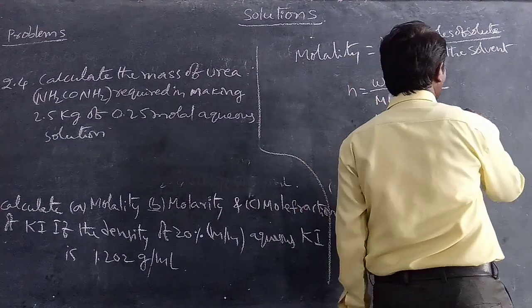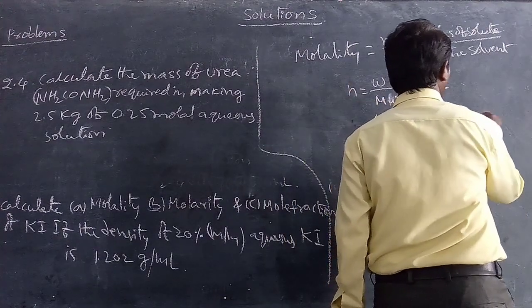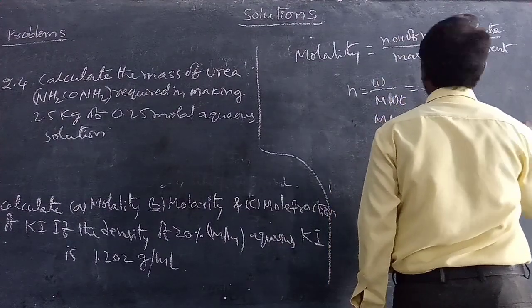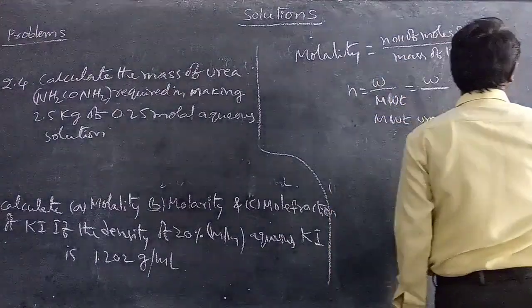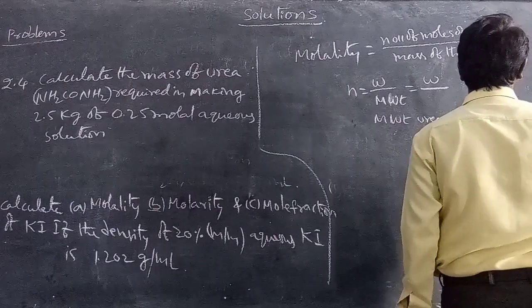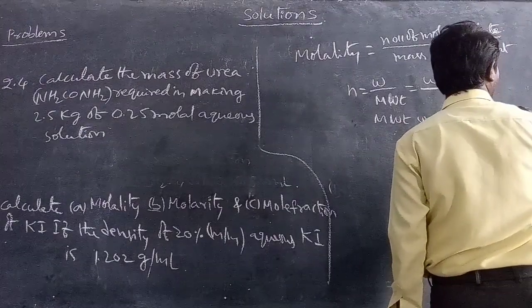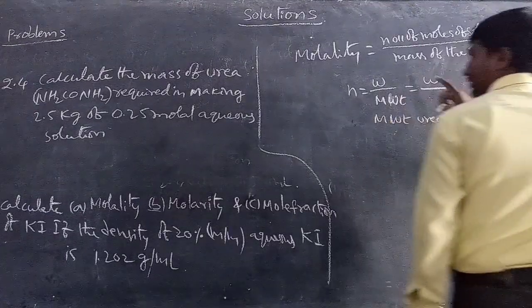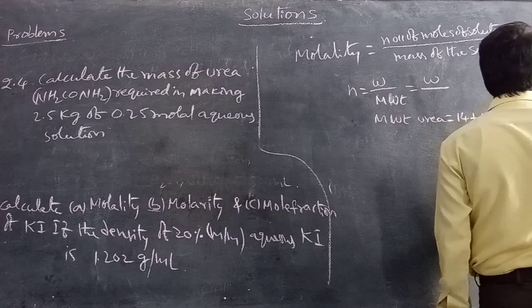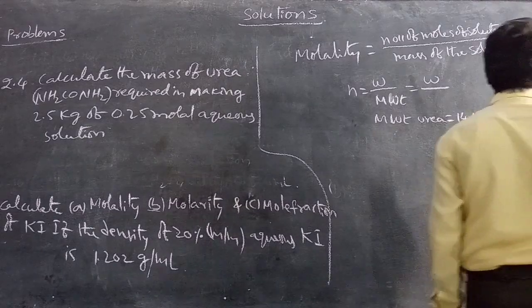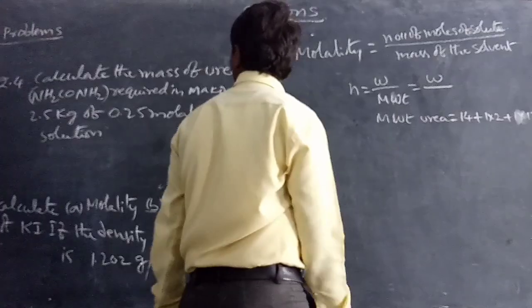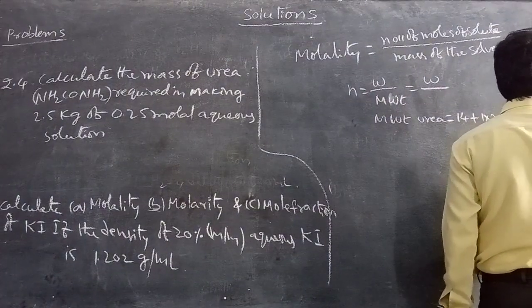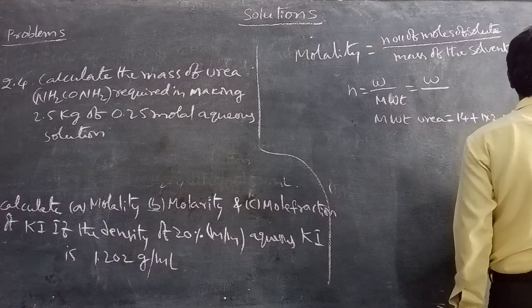So N means 14, 14 plus 1 into 2 plus 1 into 2, plus C which is 12, plus O which is 16, plus NH2, 14 plus 2.